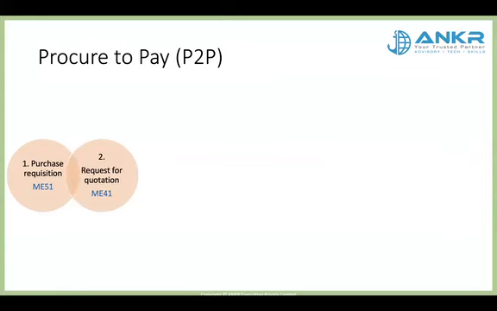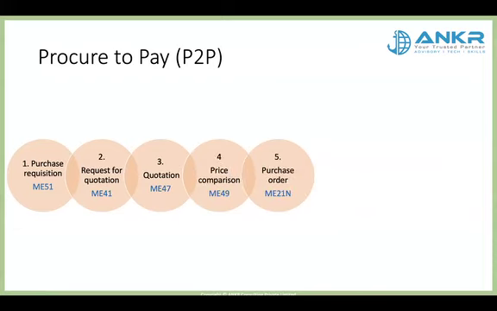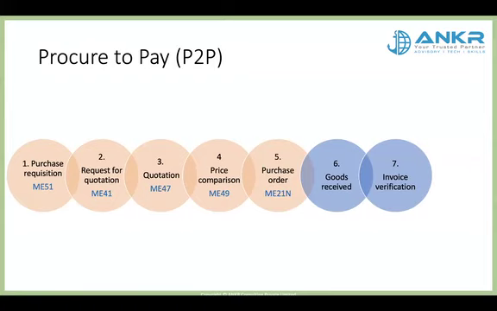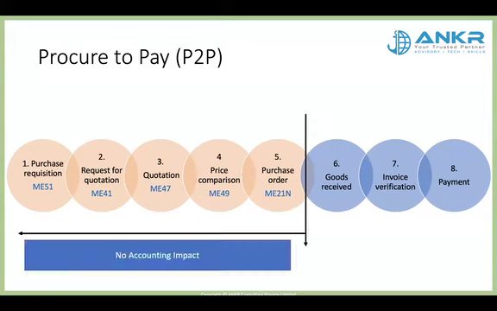You don't need to know the workings of these T codes. So you see purchase requisition, request for quotation, price comparison, purchase order, all of which have particular T codes. After that, goods receipt happens, invoice verification happens, and payment happens. There is one important thing.